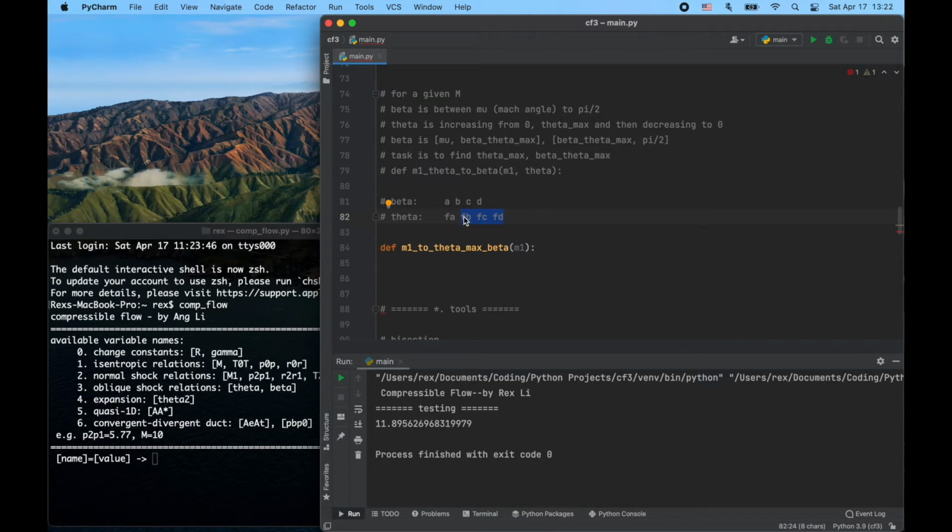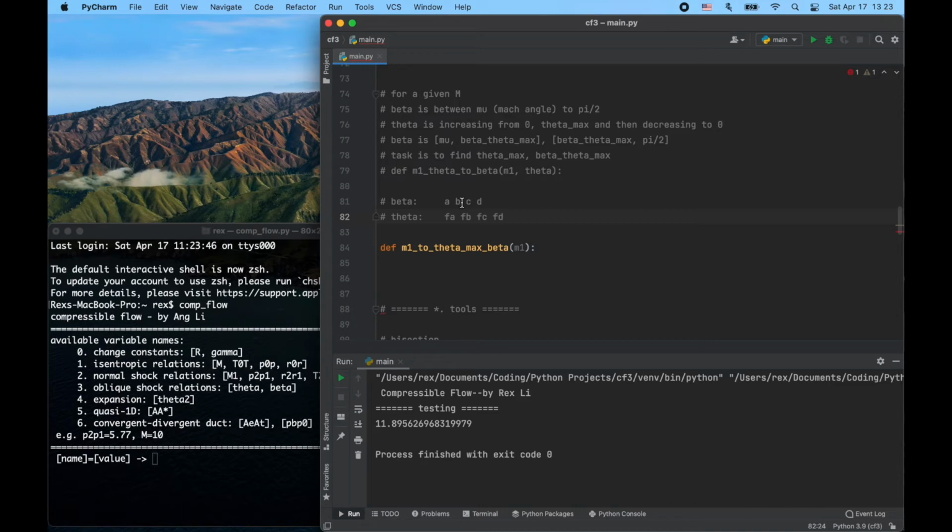Why? Because before B, it first decreases, and then from FB to FC it increases, and then from FC to FD it decreases. And that's not happening in our case. It's only increase and then decrease. It will never increase again.